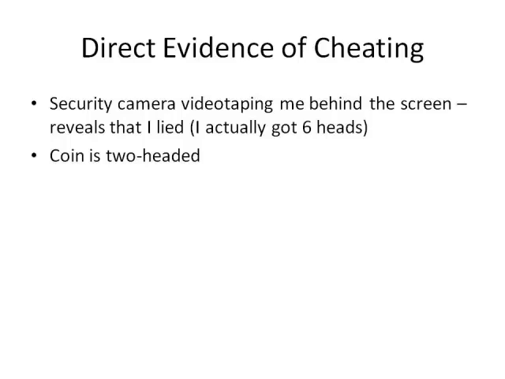If the coin was two-headed, then the only outcome can be heads, and you could examine the coin and look at both sides to determine that it was two-headed and conclude that I cheated you. We could also weigh the coin and see if it was equally weighted between heads and tails. If it turns out that the coin is weighted toward heads, again, that would be an example of direct evidence that I was cheating.